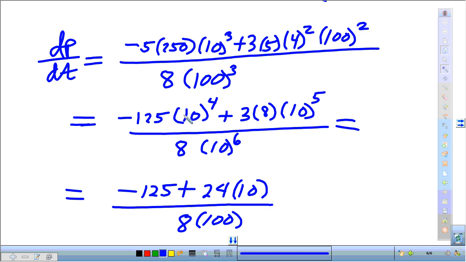So if I divide through by 10 to the fourth, I end up at this next step because I cancel every power 10 to the fourth. It would leave 1 here, none there, and 2 on the bottom, which is 100. So I get 240 minus 125, so 115 over 800.